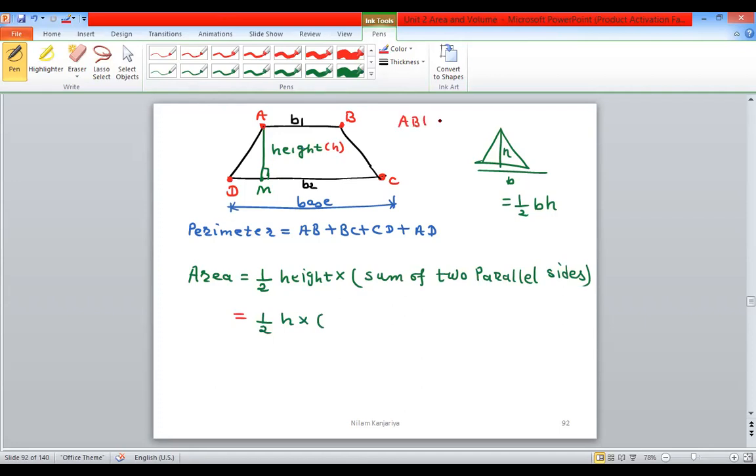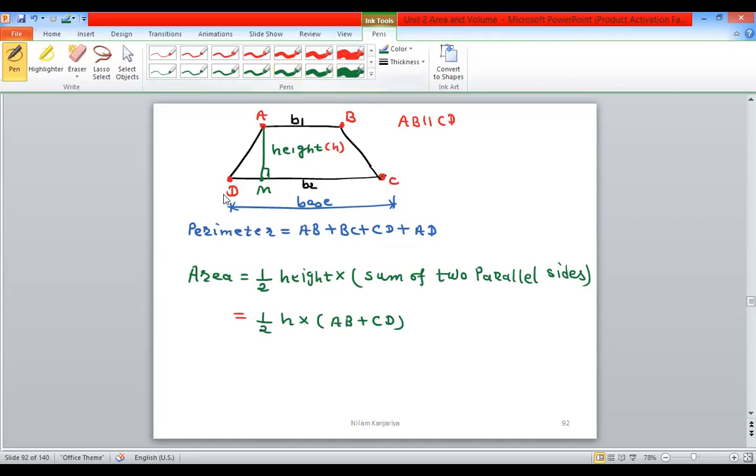AB is parallel to CD, and only one pair of sides is parallel. So the base becomes the sum of the two parallel sides. What is it? It's AB plus CD. And what is the value of AB and CD? I told you, it's B1 and B2.